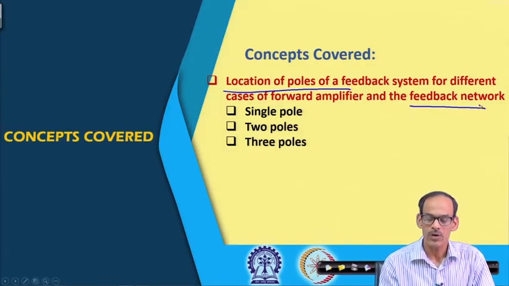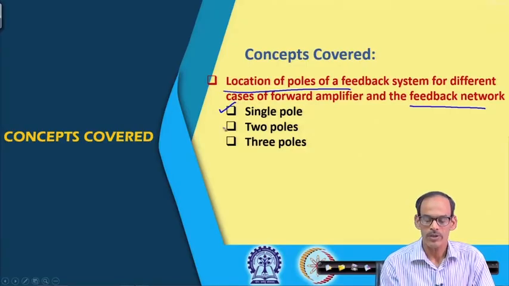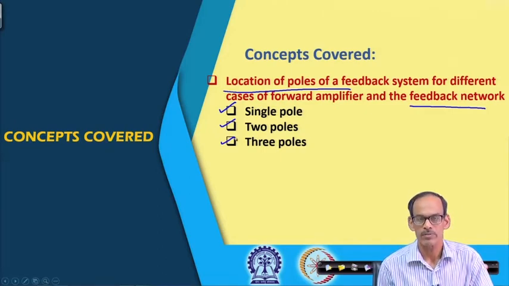We shall focus on situations where the amplifier may have one pole, 2 poles, or 3 poles, and also cases where the feedback network has no pole and only the amplifier has poles, or both the amplifier and the feedback network have poles.